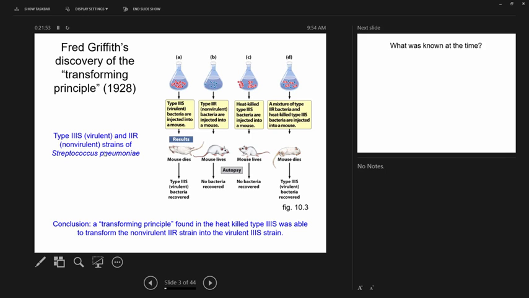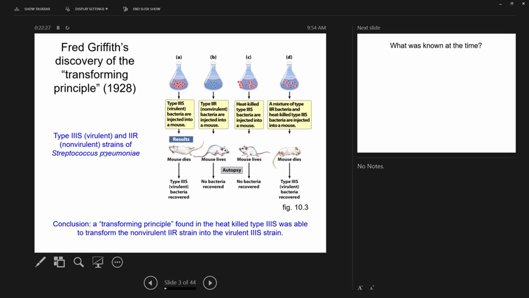You can grow them up, but when you inject them into a mouse, because the immune system is able to recognize the bacteria, you'll mount an immune response, and the mouse may originally get sick, but then once the immune system gets a hold of it, it will take care of the bacteria, kill them all off, and the mouse lives, and as a result, you don't get any of the bacteria left because the mouse cleared them all. The bacteria are all gotten rid of.